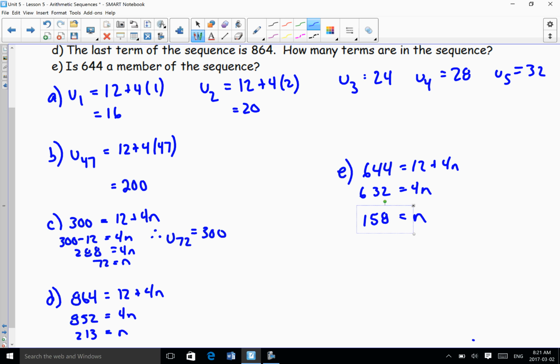Well, the fact that it came out to a whole number tells me that yes, it is a member of the sequence. If it didn't come out to a whole number, if it came out to a decimal, it's partway between terms of our sequence, then we'd say no, it's not a member. But the fact that it came out to a specific n value, a whole number, tells us yes, it's in the sequence.